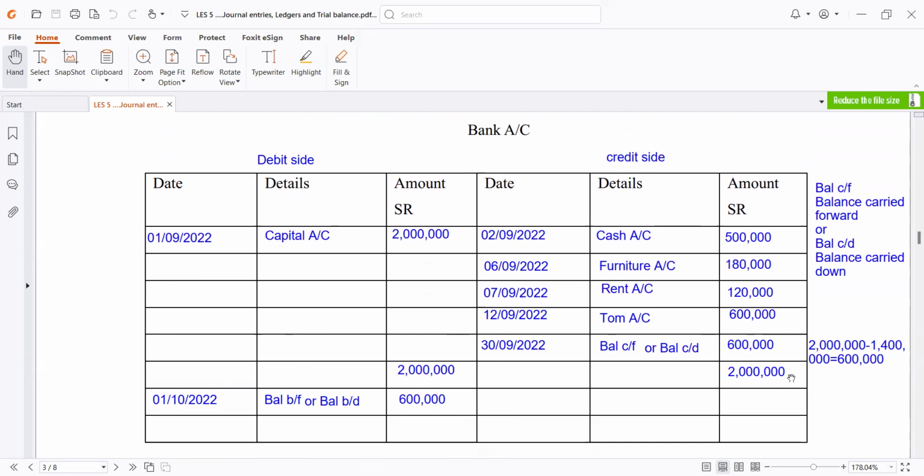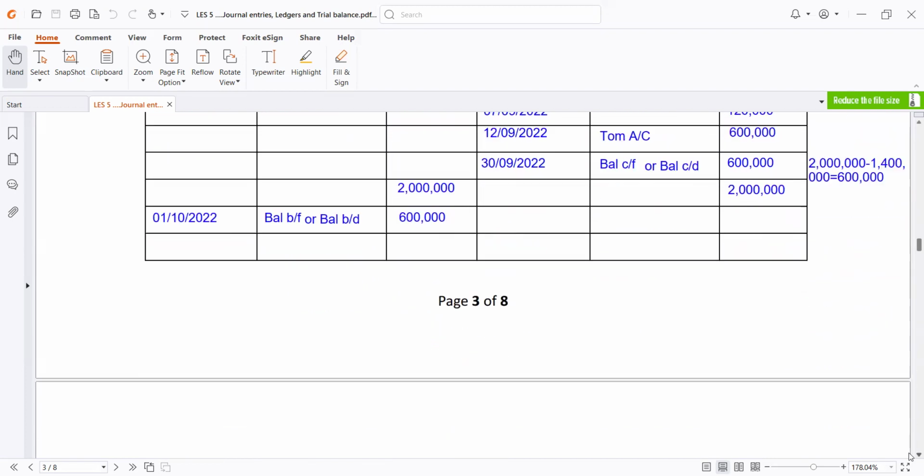And for this 2 million, I said in our last class that you foot and rule the 2 million on both sides. So we have 2 million here and 2 million on this other side. This one is a balance carried forward, or rather referred to as balance carried down, and you have the 600,000. So we go to the second one, and please note the 600,000 aside, and you brought it down on this other side, which happens to be on the debit side.